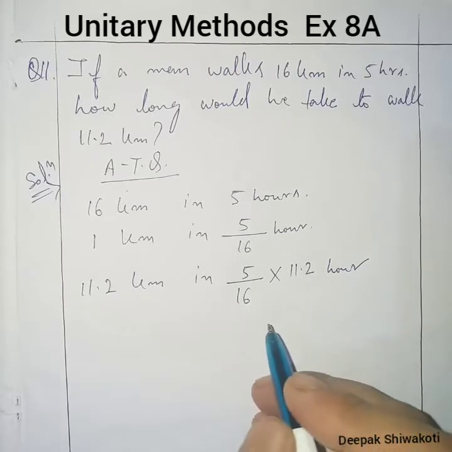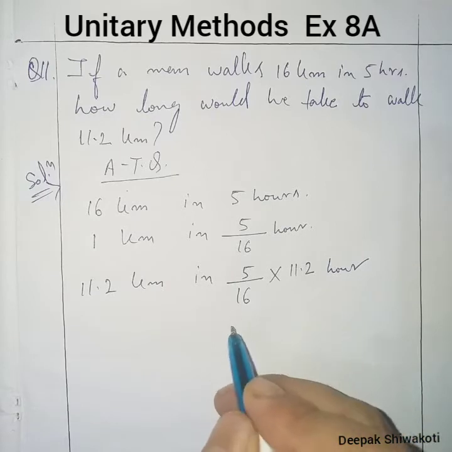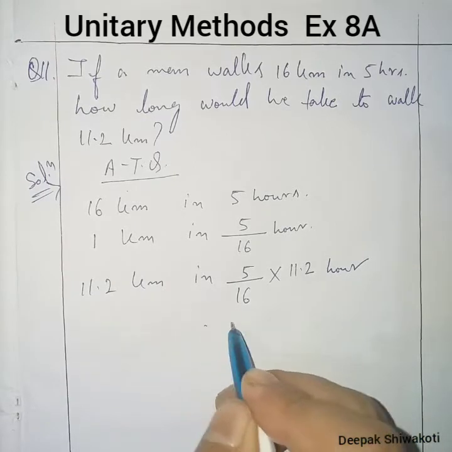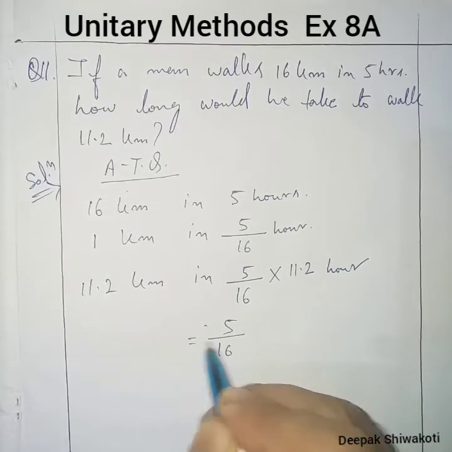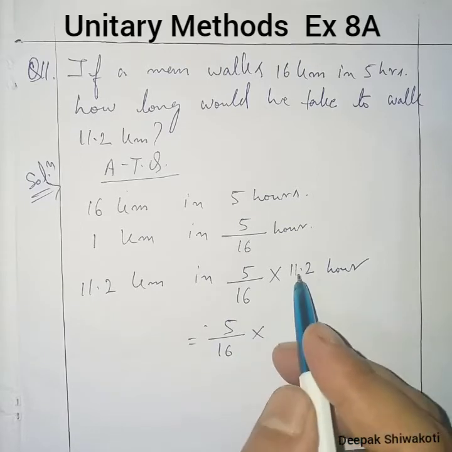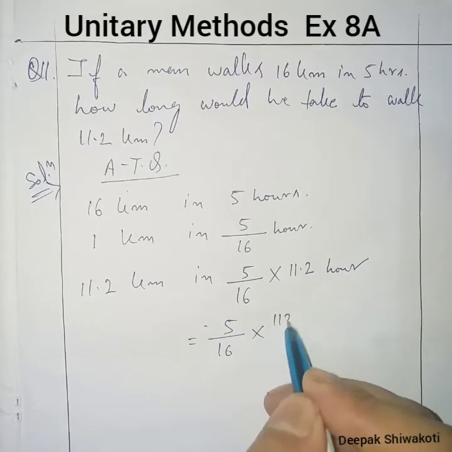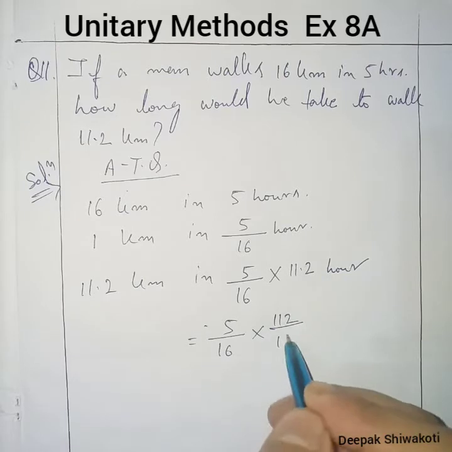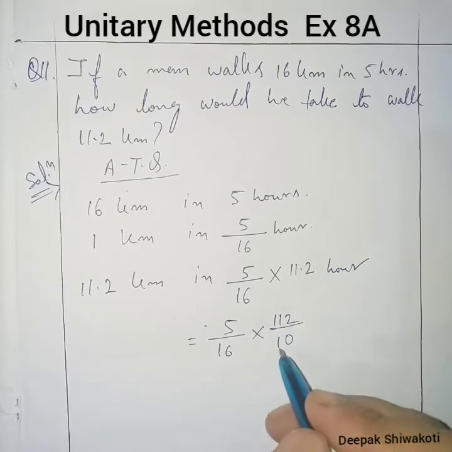So we'll simplify this. We can simplify it by 5 by 16 into 112 by 10, removing the decimal.